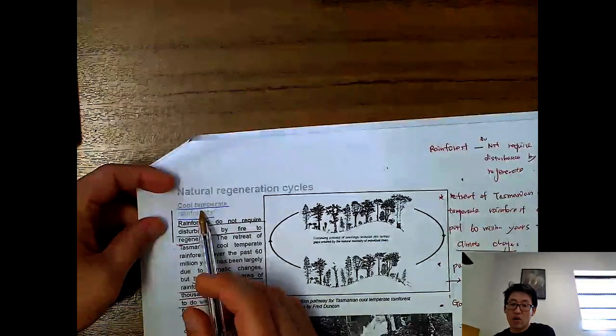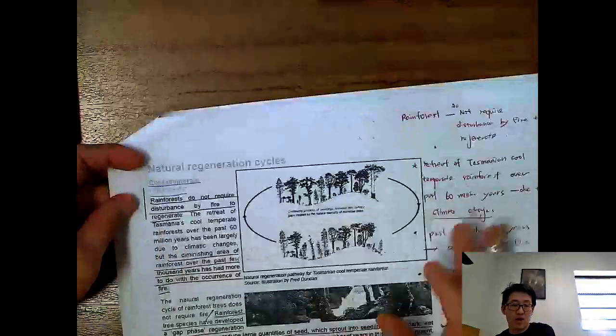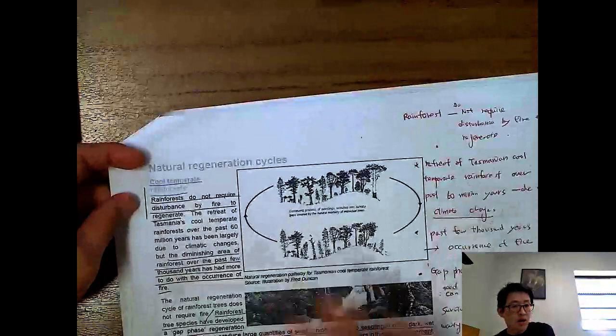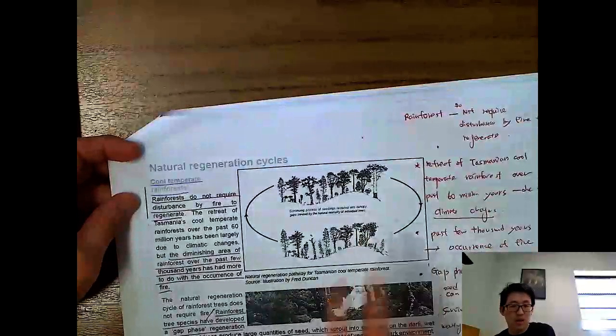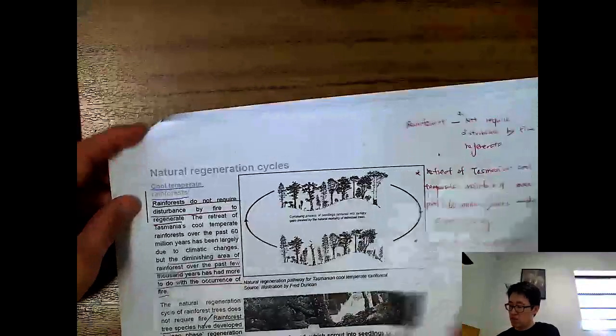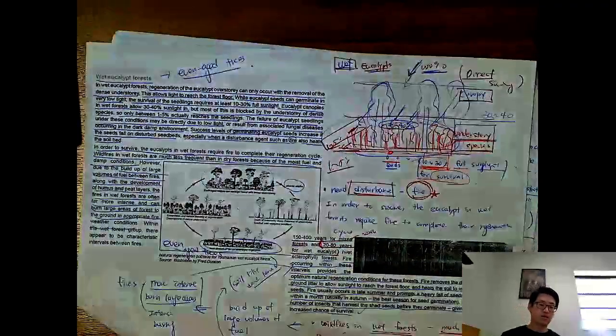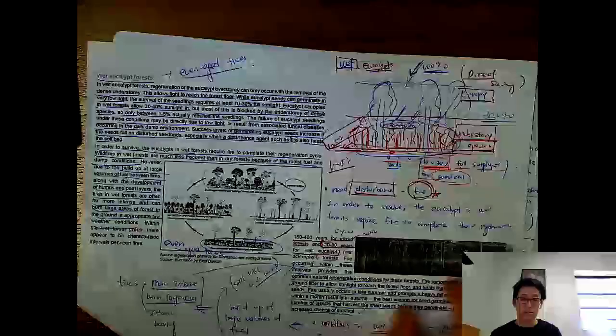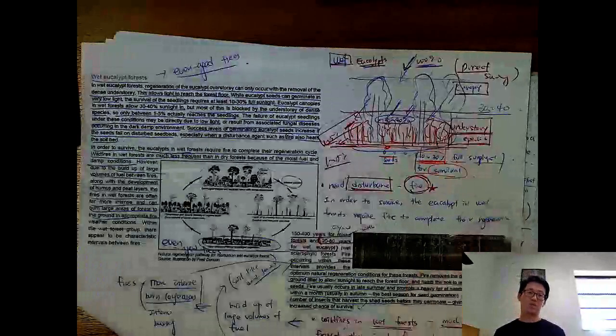But it takes around 400 years without fire. That is why we don't really see new patches of cool temperate rainforest anymore in Tasmania, because it's really unlikely to have 400 years with no fire, unless it's a really, really wet area.